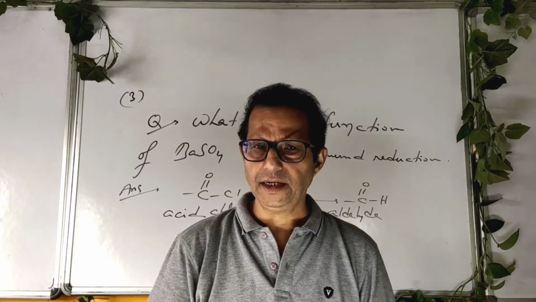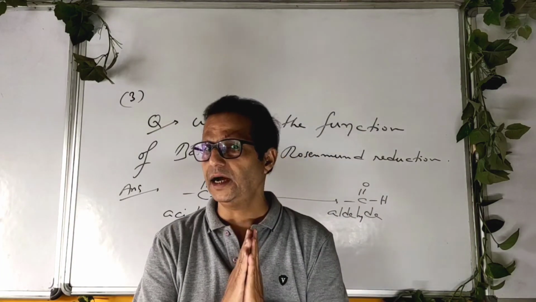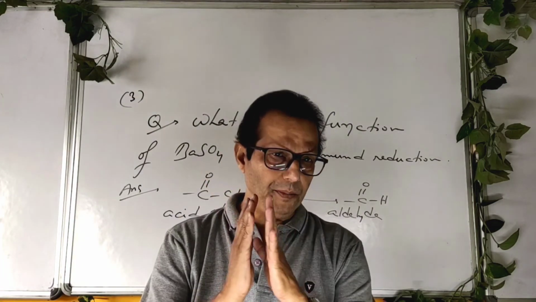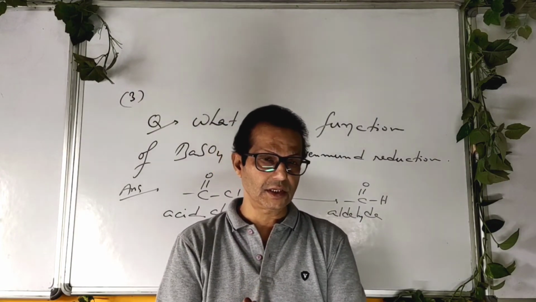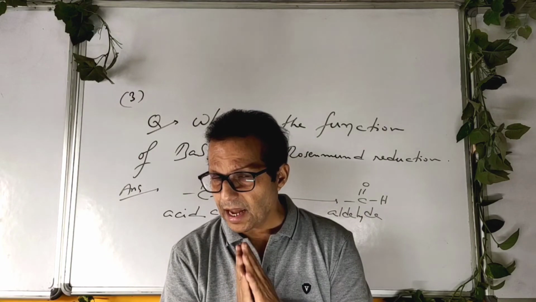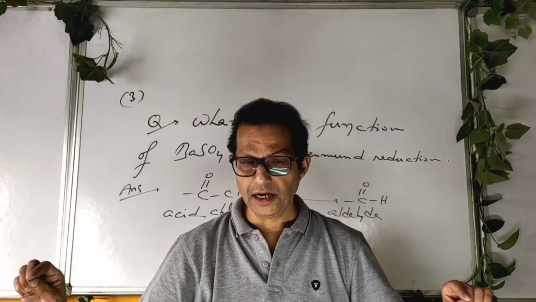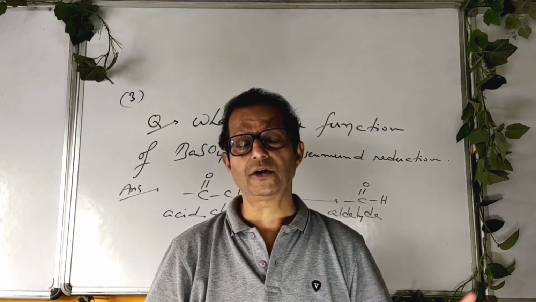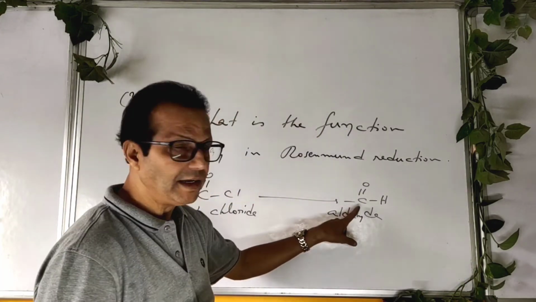But our target is not to get primary alcohol but to get aldehyde. That's why barium sulphate poisons the catalytic activity of palladium so that further reaction cannot occur. Listen, you get aldehyde here.